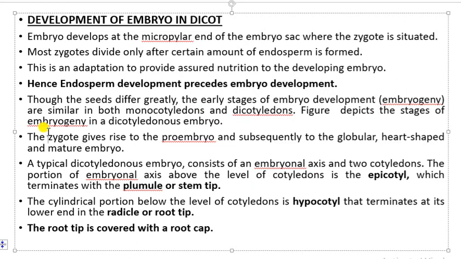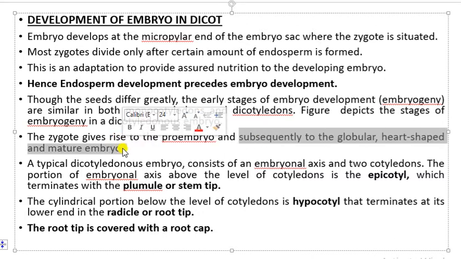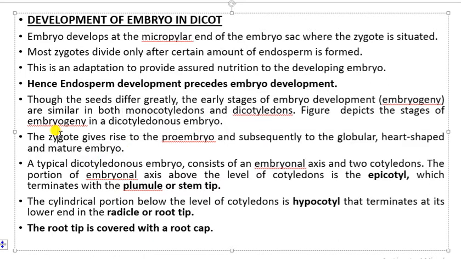First, the zygote will start dividing and give rise to the pro-embryo, and later it gets converted into a globular and heart-shaped embryo, which further develops into a mature embryo.